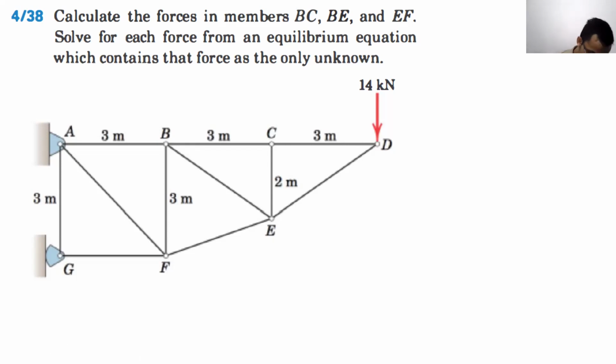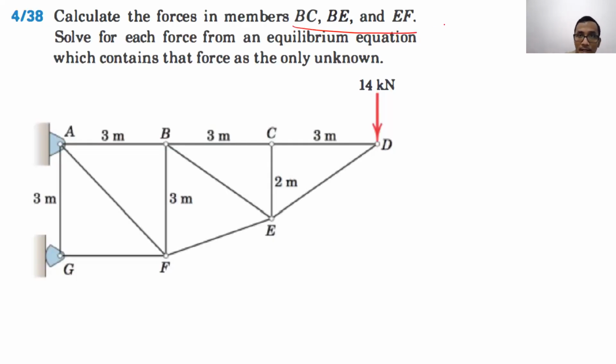Okay, anyway, because we only have 5 more minutes for this particular problem, the ones that we want to find out are these three: BC, BE, and EF. This, and this. So it's quite simple. Then we can cut it here. Okay.